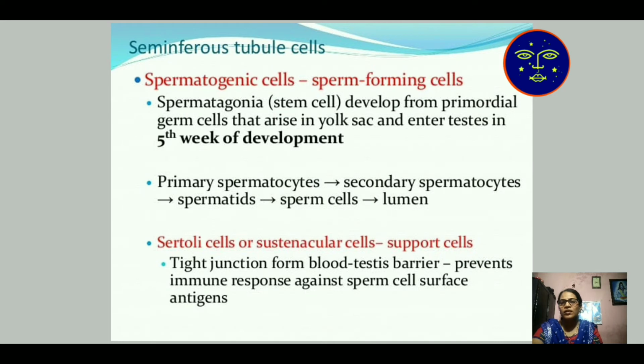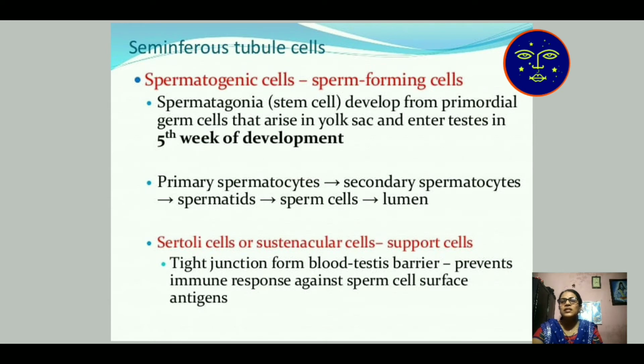Then spermatids undergo spermiogenesis, another process, and produce sperm cells. Then Sertoli cells, or sustentacular cells.